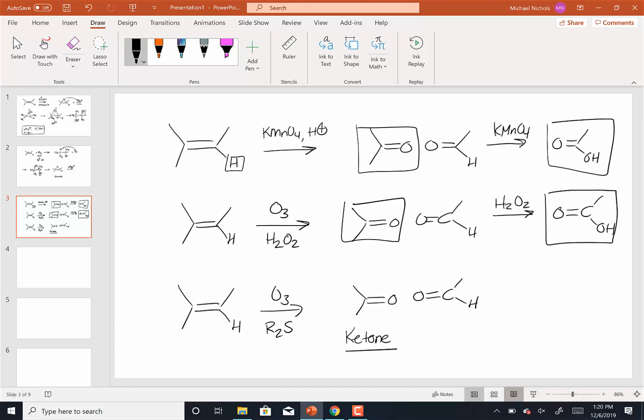And the final answer would be ketone and carboxylic acid. R2S can't oxidize an aldehyde. So if it's R2S, you get a ketone and an aldehyde, and that's it. R2S doesn't do anything to the aldehydes. So once you cleave it, it's over.